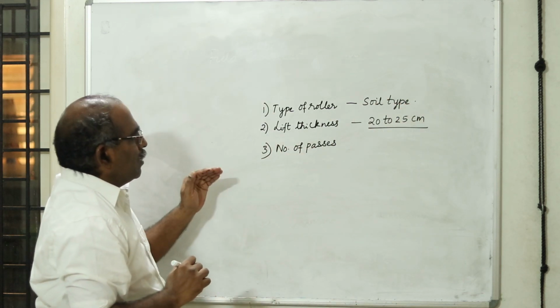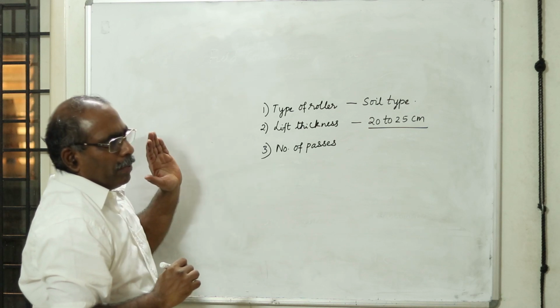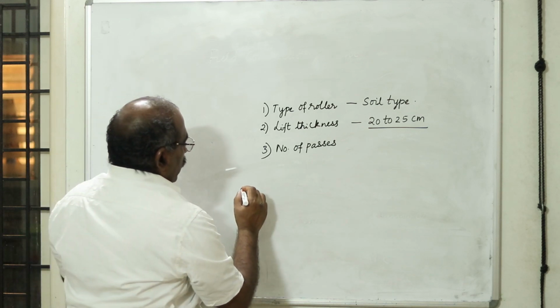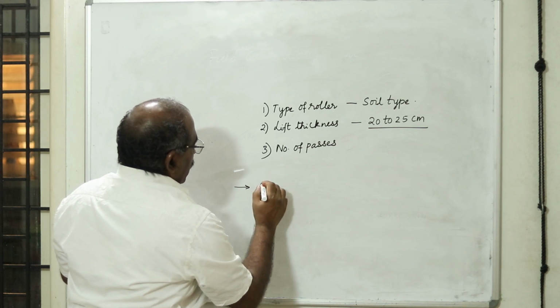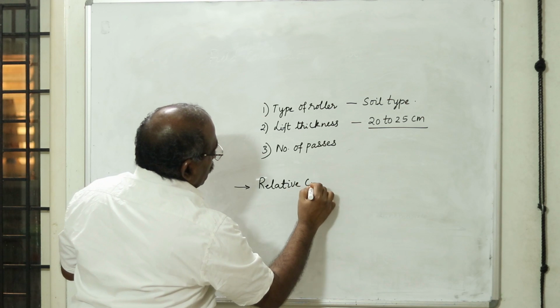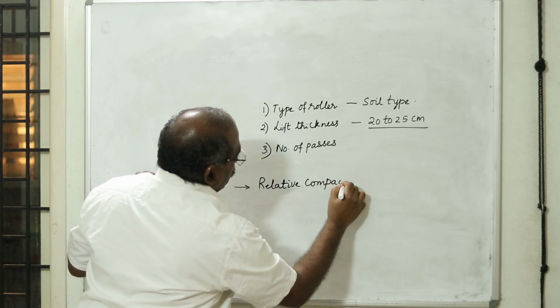Now we will discuss more about the different types of compaction equipments and more details about the field compaction control. There is one term called the relative compaction. The relative compaction is an important term.